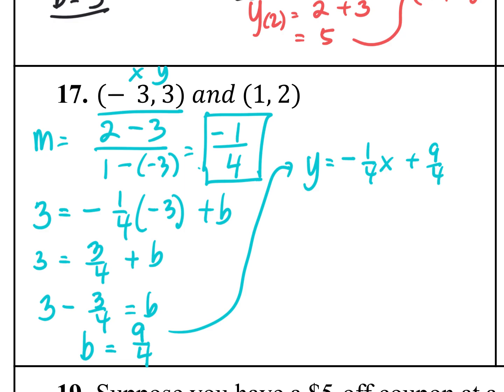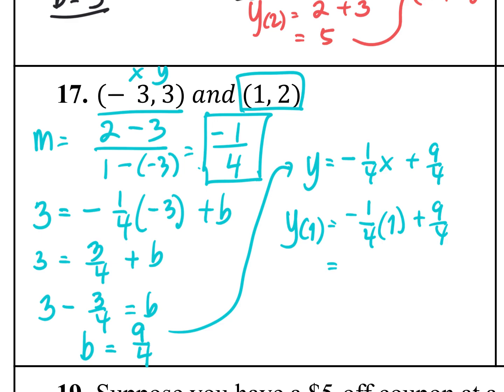Now let's check the point 1, 2. So y of 1 is equal to negative 1 over 4 times 1, not negative 1, times 1, plus 9 over 4. So this is going to give me still negative 1 over 4 plus 9 over 4.